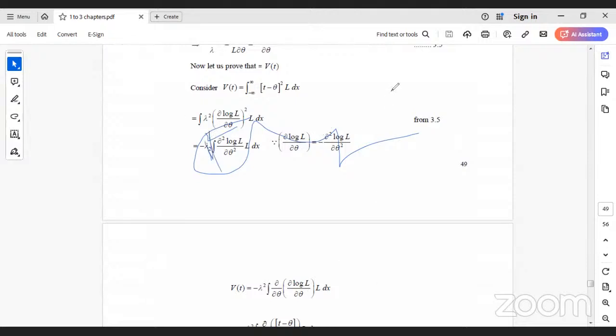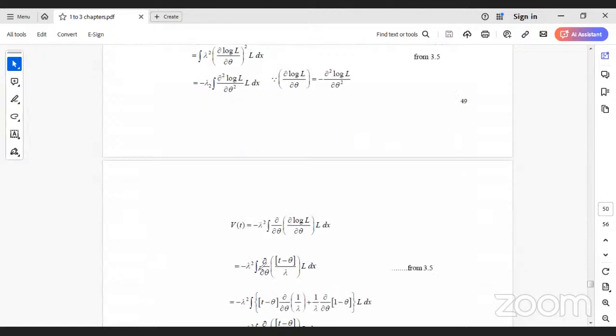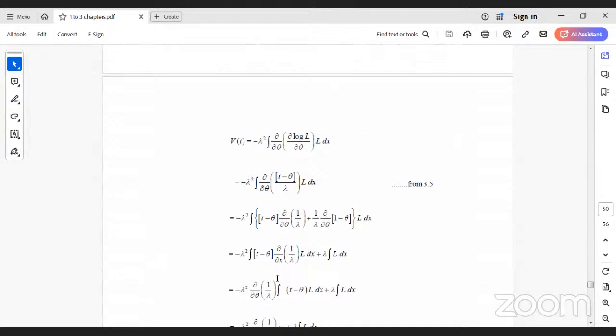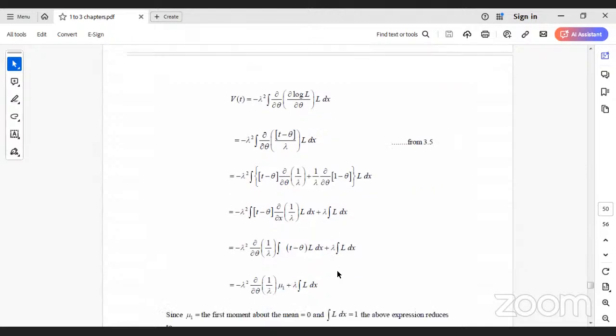This becomes minus lambda square integration of dou by dou theta of (T minus theta) dou log L by dou theta L dx, minus lambda square times (T minus theta) dou by dou theta of L dx.